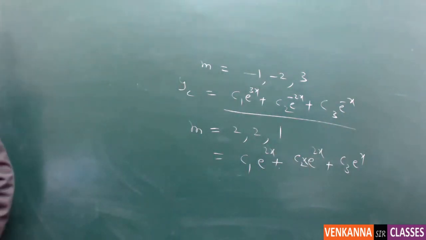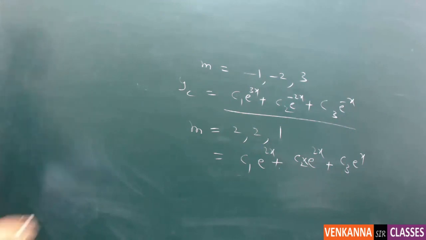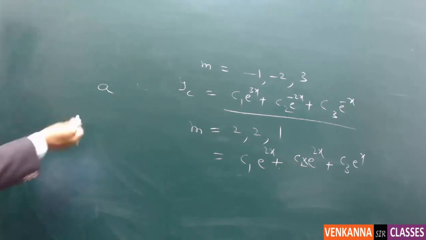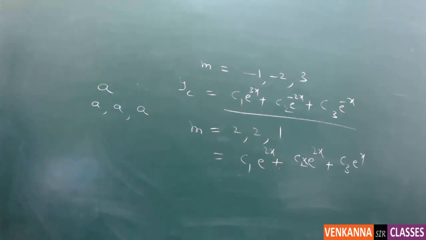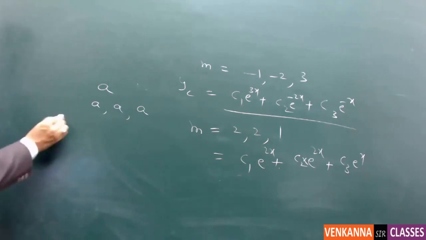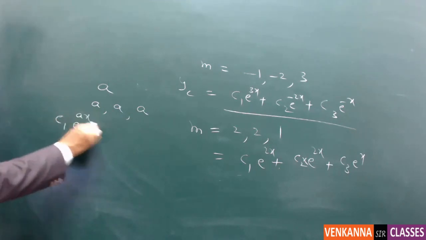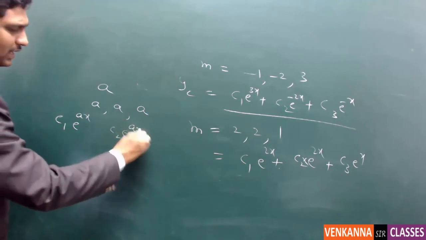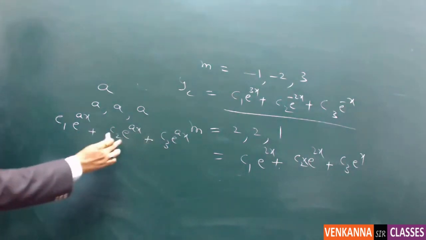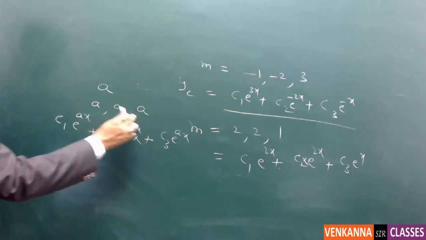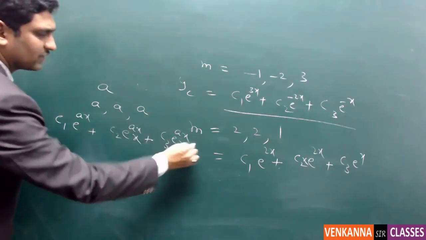So how to write the repeated roots? The procedure is, if a is a root that comes 3 times, how to write that? C1 e power ax, C2 e power ax, C3 e power ax. So the first time 1, the second time x, the third time x square.